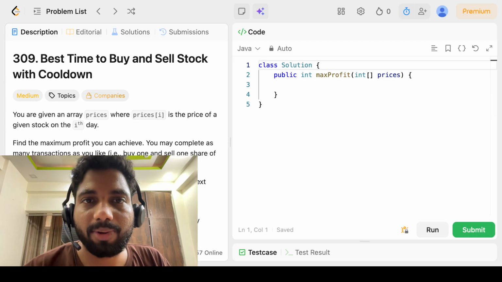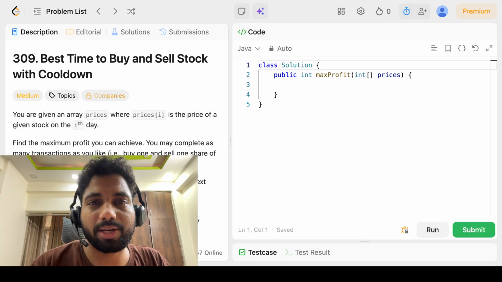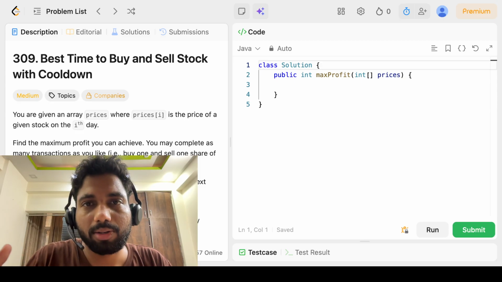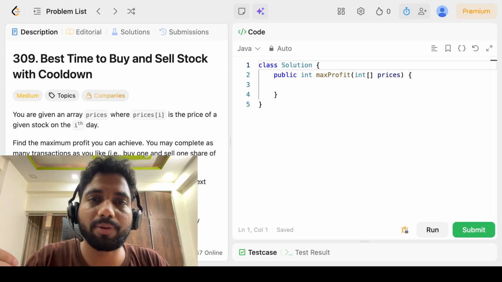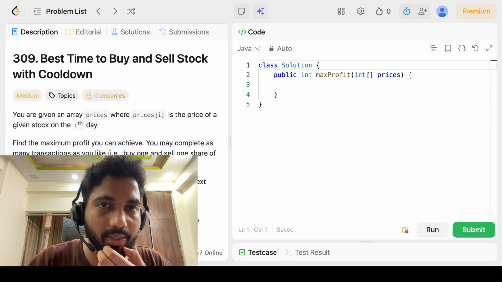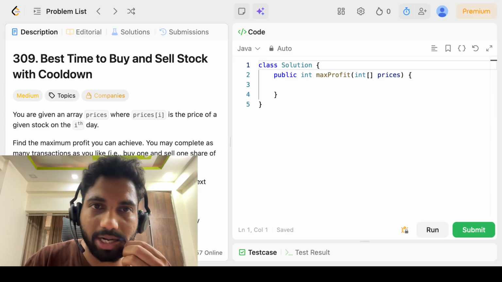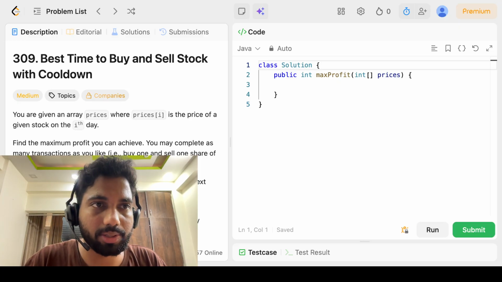I will apply the same intuition here, with a little bit of a twist. In the formula, we need to hold another variable to track when we last sold, so that we can use that variable to apply the cooldown period. Okay, so let's jump into the problem and solve it.